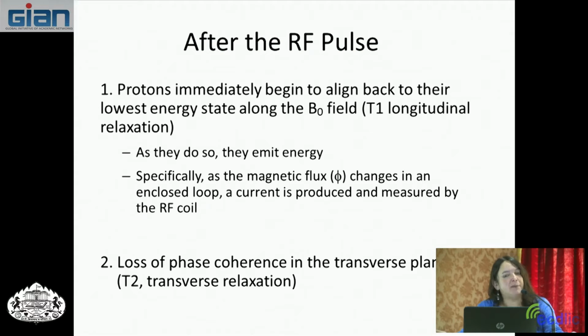So two things happen after we hit them with this pulse. One is that they immediately want to go back to being lined up in this magnetic field. This is called T1, longitudinal relaxation. And as they do this, they emit energy. And the second thing that happens is this loss of phase coherence in the XY or transverse plane.